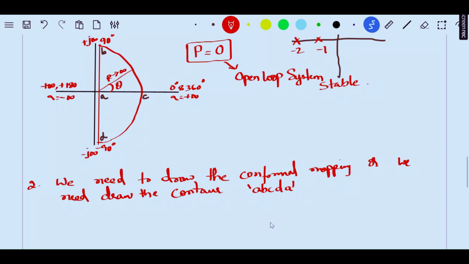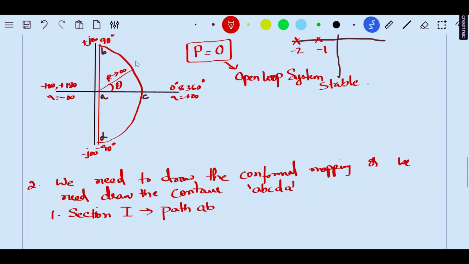When I want to draw the contour A, B, C, D, A, it goes with three different sections. The first section is path AB.